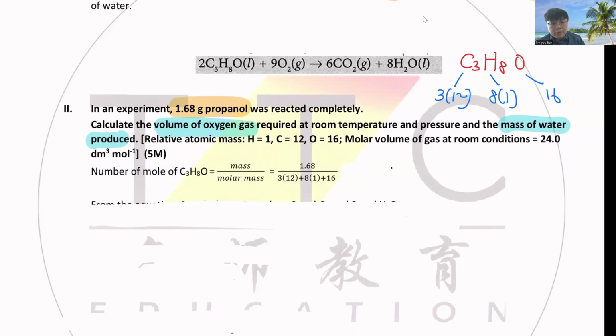Let's do a simple calculation first: 1.68 divided by 3 times 12 plus 8 plus 16.